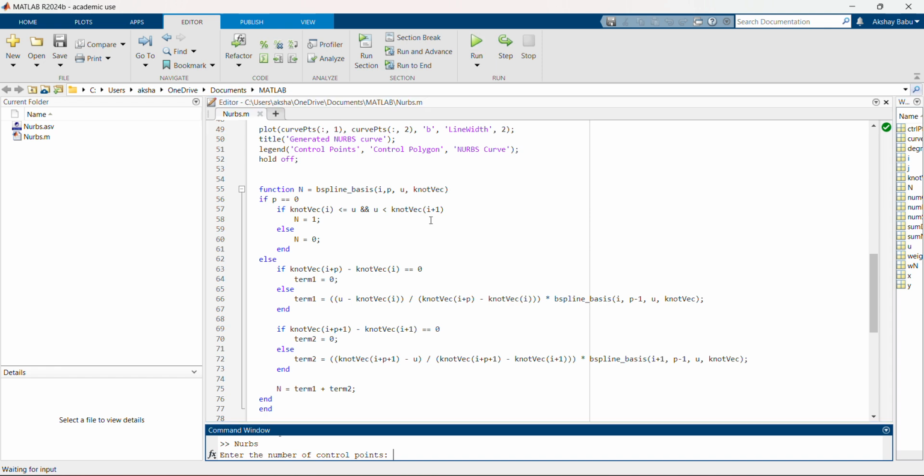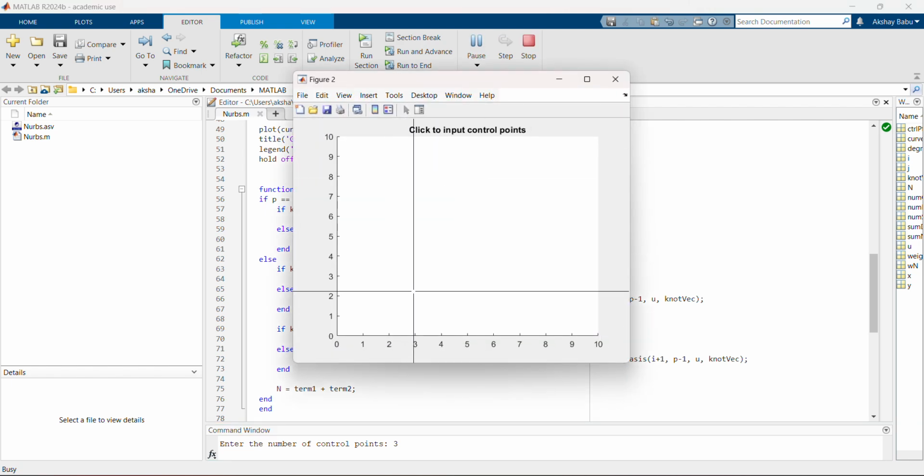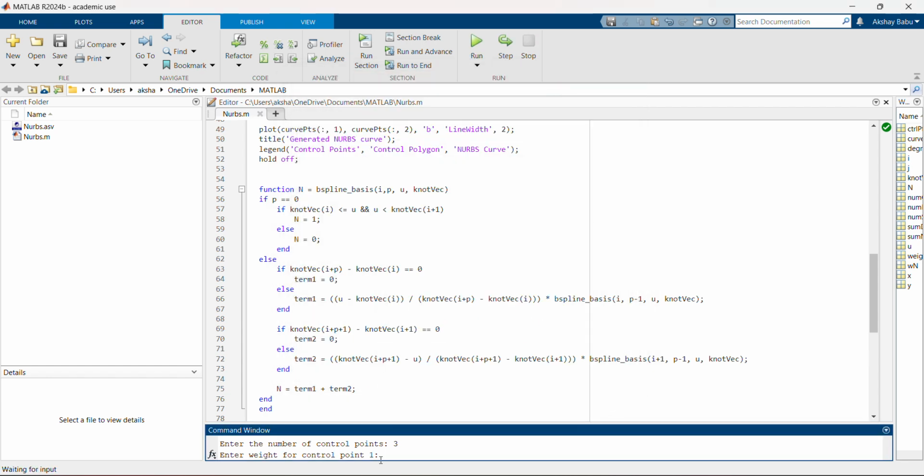Suppose we run this code. Suppose we give the control points as 3. Then we try to make an equilateral triangle by pressing the points here, here, and somewhere here. Now we can keep h1 as 1, then h2 would be 0.5, and then h3 would be 1 again, and the order of the curve is 2.